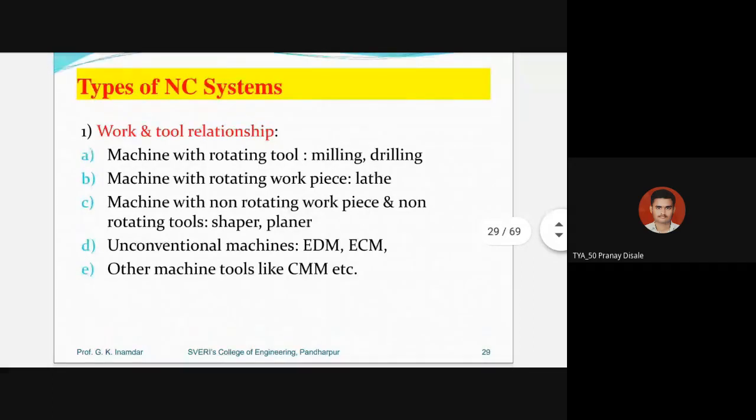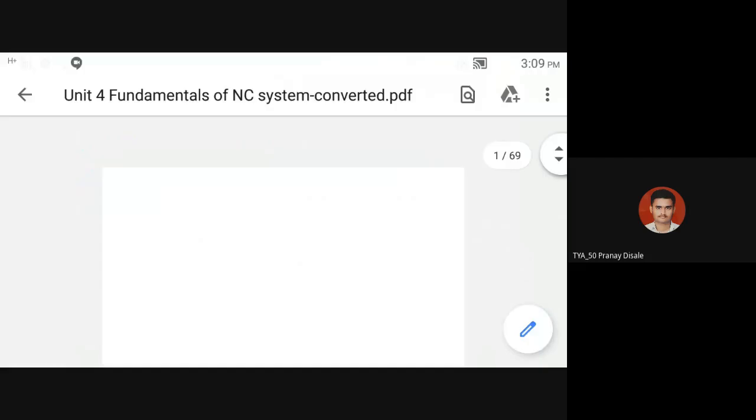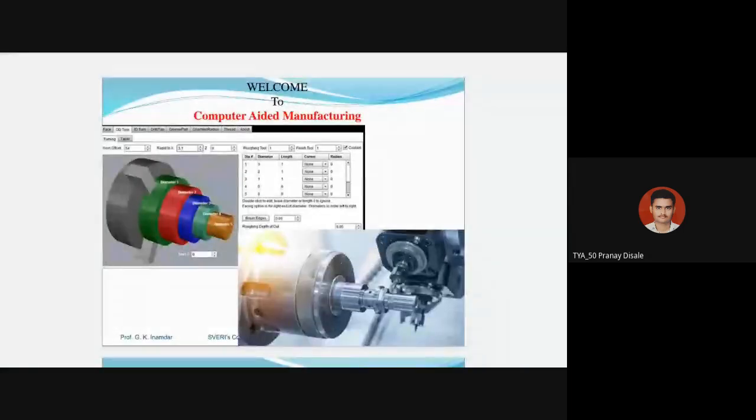Again we will take a revision of today's lecture and meet in the next lecture. We started from computer aided manufacturing, whatever the basic concepts of manufacturing, we have completed. Again we have started the fundamentals of NC system chapter. This is the syllabus.